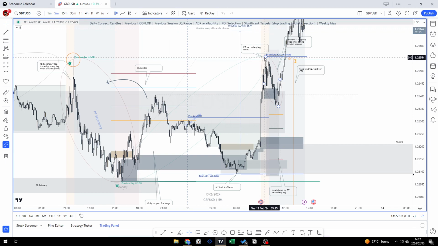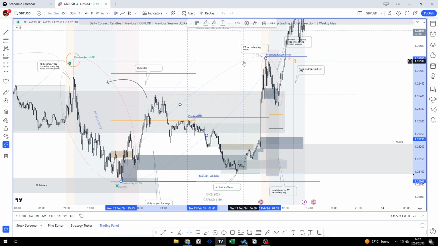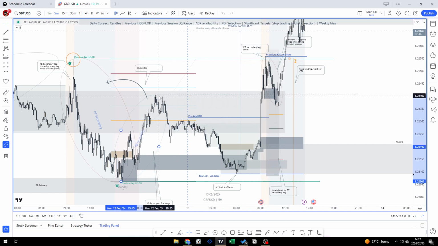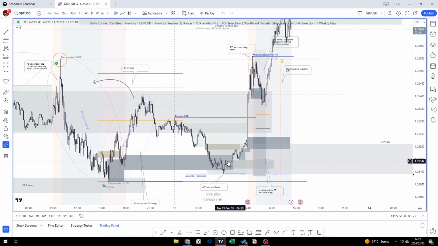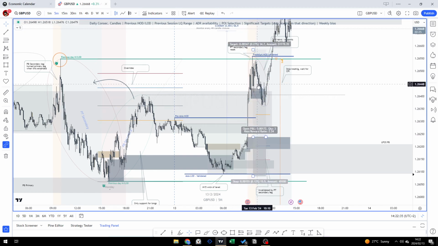However, what we did have to take into account, which I may have omitted in my London outlook, but I'll mention it now, is the fact that this pullback secondary leg was validated yesterday, and this POI, although valid, was associated to yesterday. So in order to validate any of these POIs to trade from, we needed the 4H secondary leg to be extended in the current day, which it was.